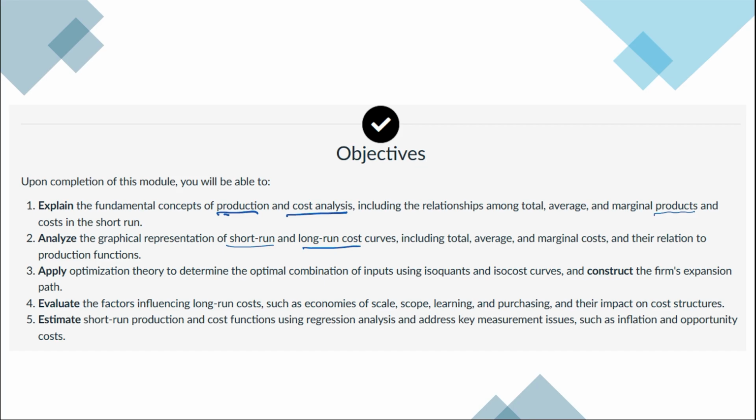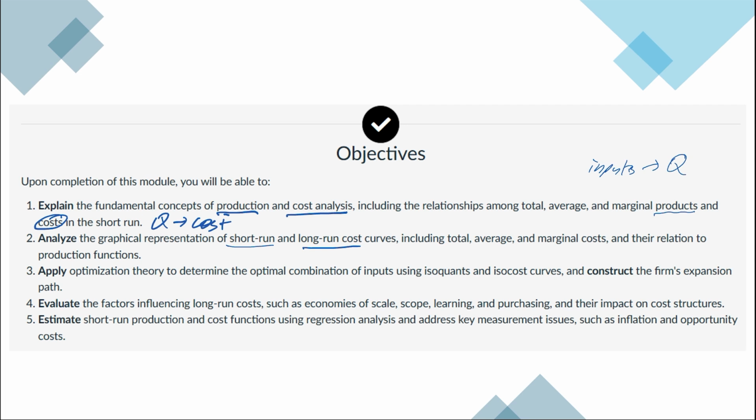The production function is going to be thinking about how inputs relate to our output, or our quantity produced, and then our cost is going to have to do with exactly how much it costs to produce a certain quantity. So for a certain quantity, what is the cost?